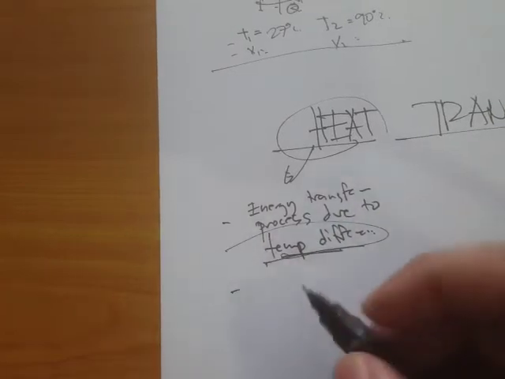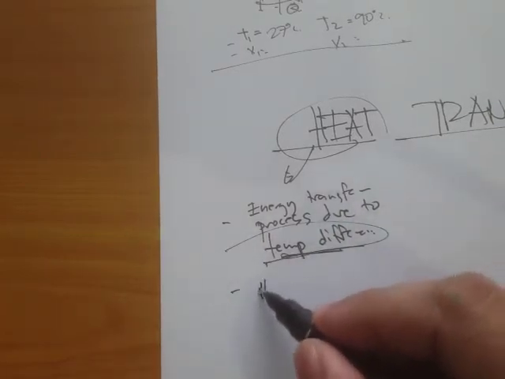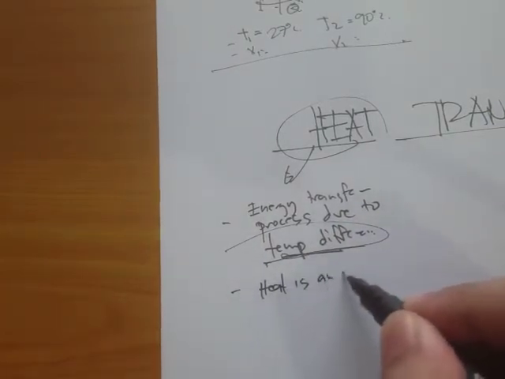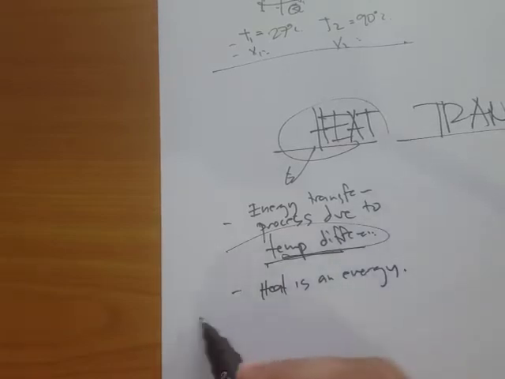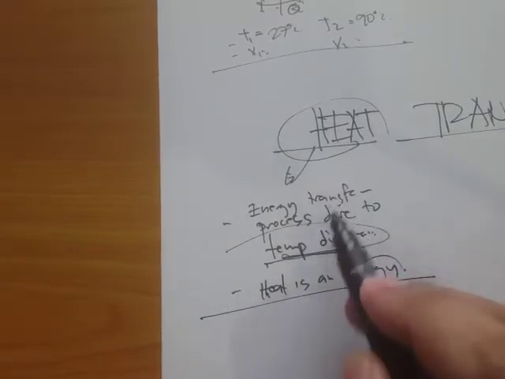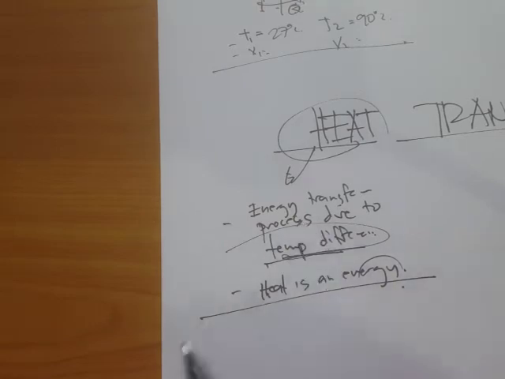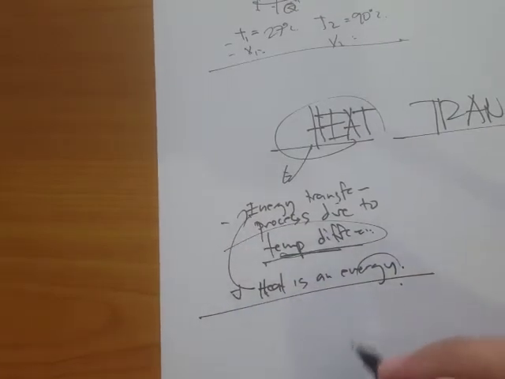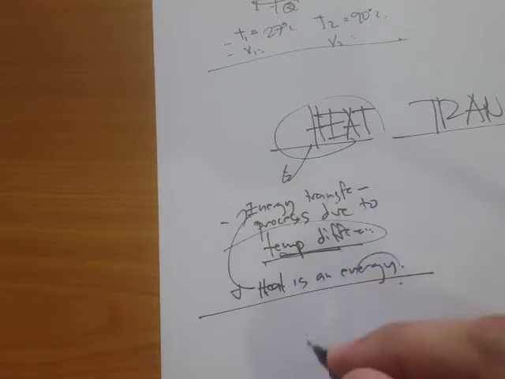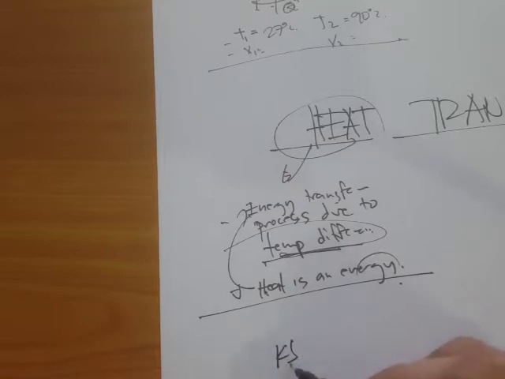Whereas another description is that heat is an energy. The energy itself, whereas this one is the transfer process, not the energy. However, if you recall that in thermodynamics, heat has a unit of energy, let's say kilojoules or British thermal units, right?